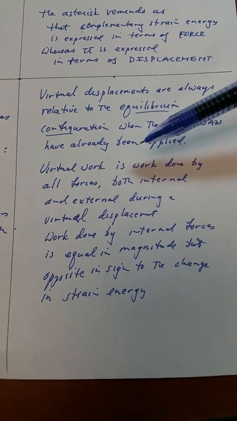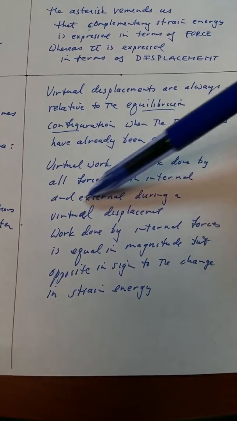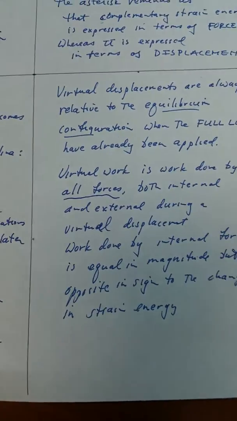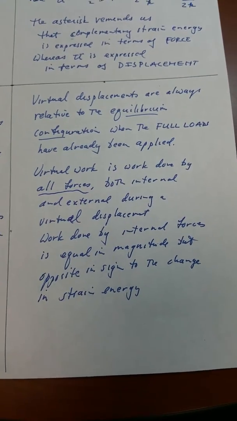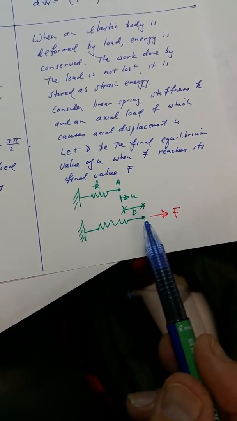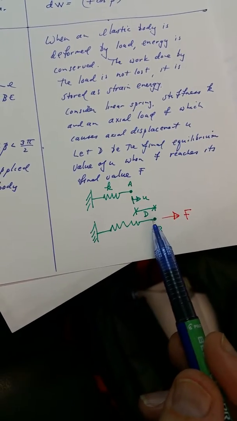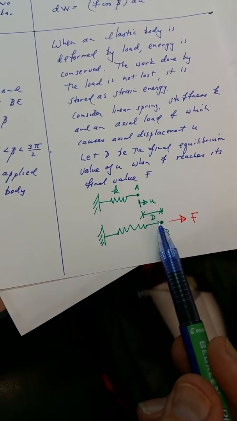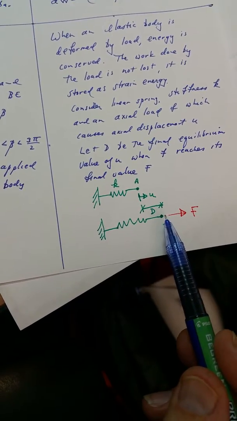So the virtual work is the work done by all of the forces, and this is probably the hardest part of it. I'm going to underline this here. All of the forces, both the internal and external, during that virtual displacement. But most importantly, what's going to happen here is when we have that virtual displacement, this original force wiggles with that displacement.